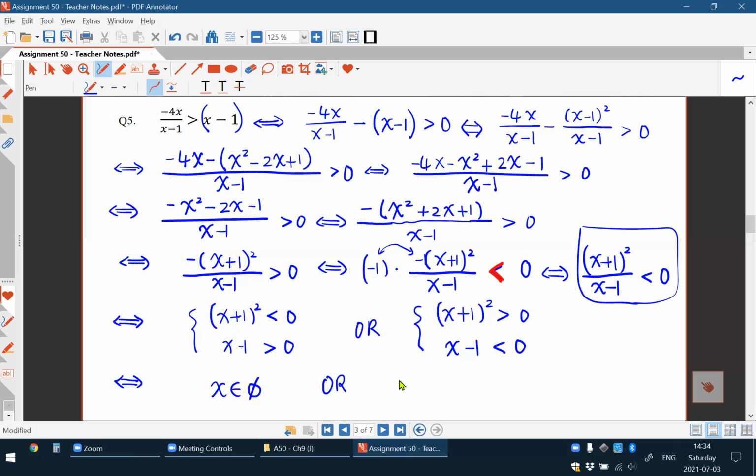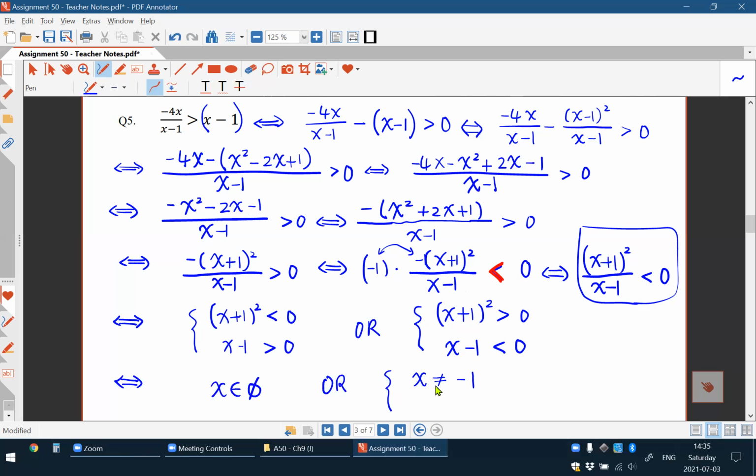So how about the second one? The second one: (x plus 1) to the second is above 0. We know that this expression must be above or equal to 0, right? If it is not 0, it must be above 0. So in order to ensure the expression is above 0, we must ensure that x is not minus 1, because when x is minus 1, (x plus 1) squared is 0.